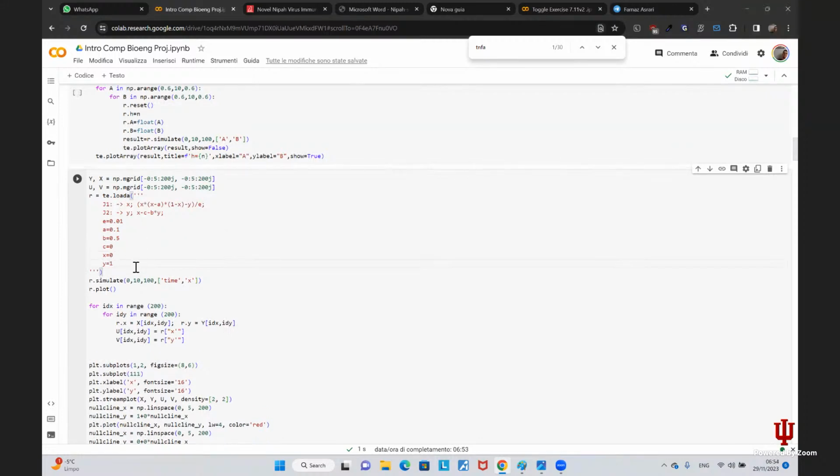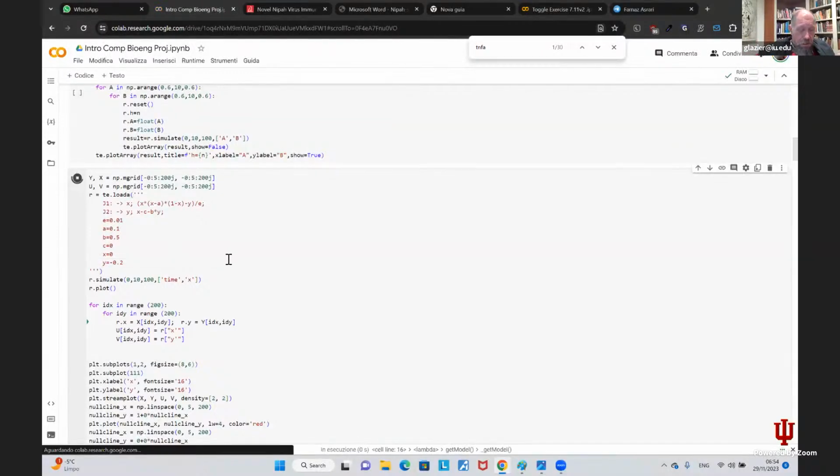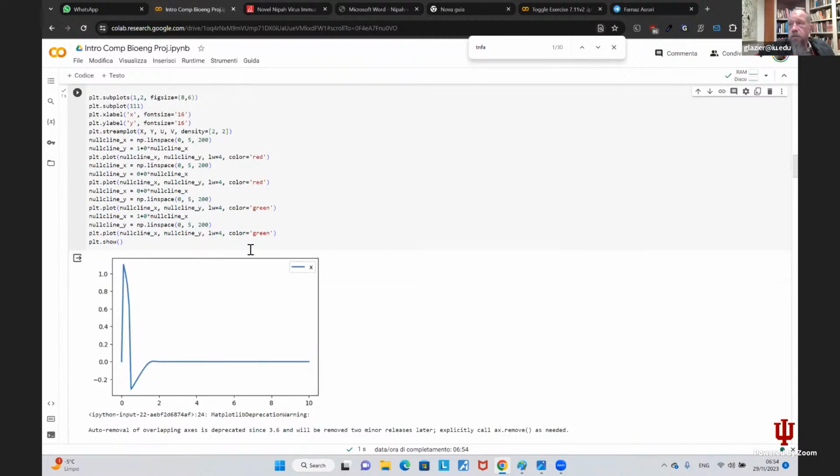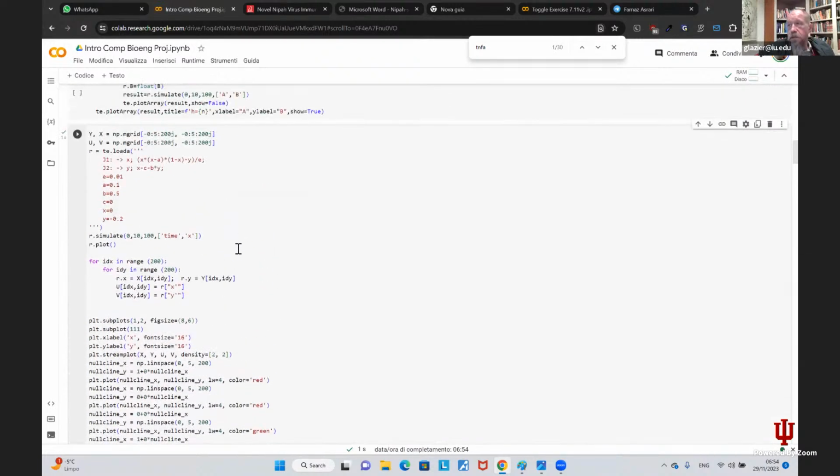Just start at some value. And start with V between minus 0.2 and 0.2. It winds up that this whole thing operates over a fairly small dynamic range. Okay, there we go. That's looking better.